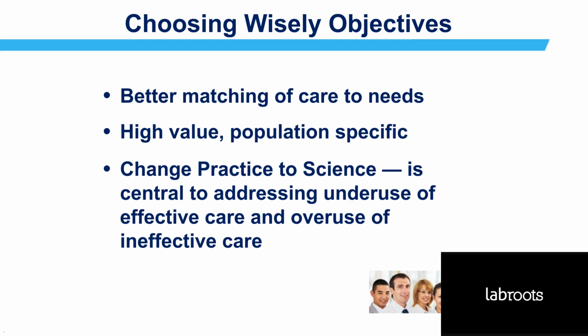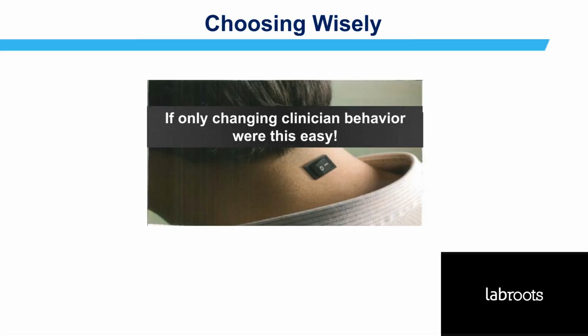Also, by looking at guidelines and implementing evidence-based medicine, we can change everyday standard practice to meaningful science that will lead to more effective patient care, treatments, and outcomes, thereby eliminating the overuse of ineffective care. But I like to say, if only changing clinician behavior was this easy.